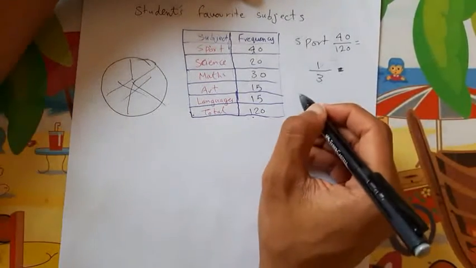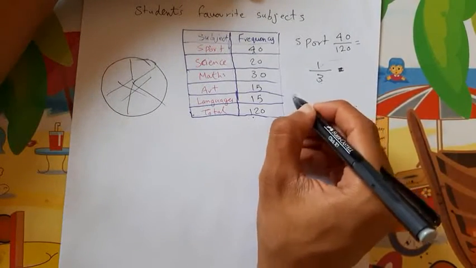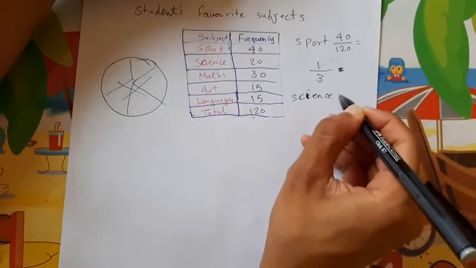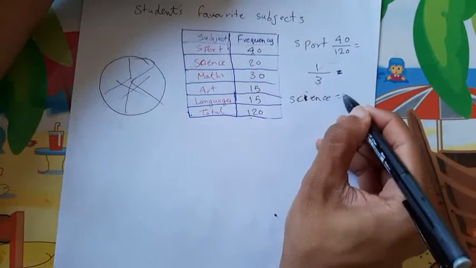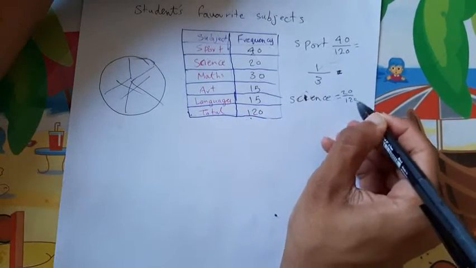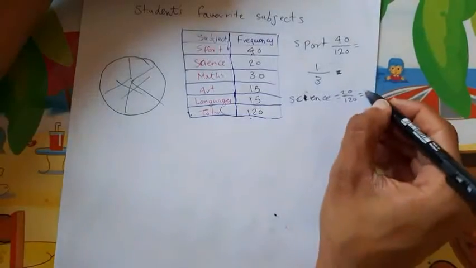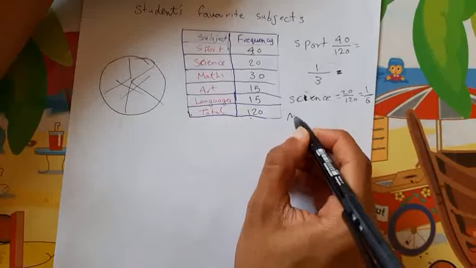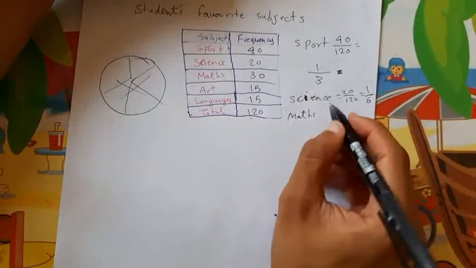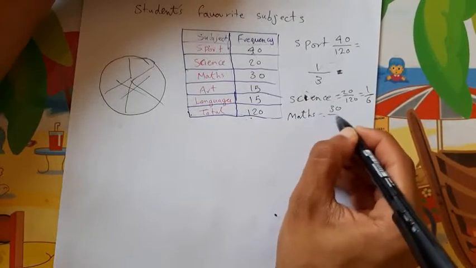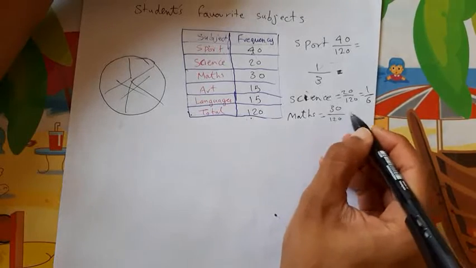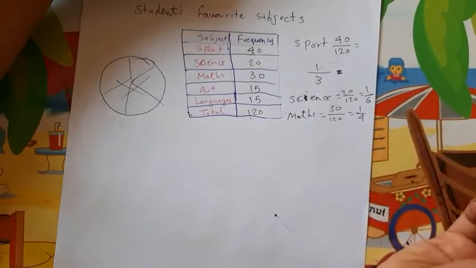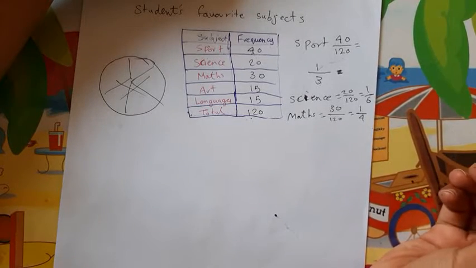Okay, for science, how many students? 20 over 120. And in its simplest form, this is 1 over 6. What about math? 30 students preferred math out of 120 students. And this would give me the fraction 1 over 4 of the total.